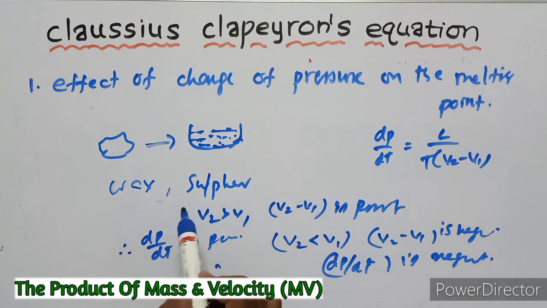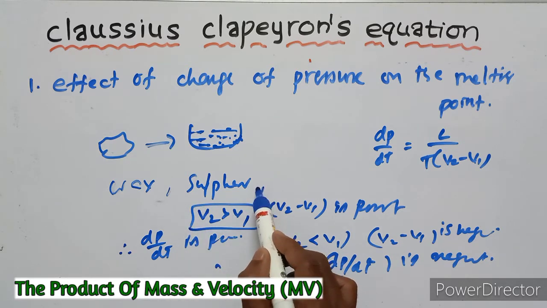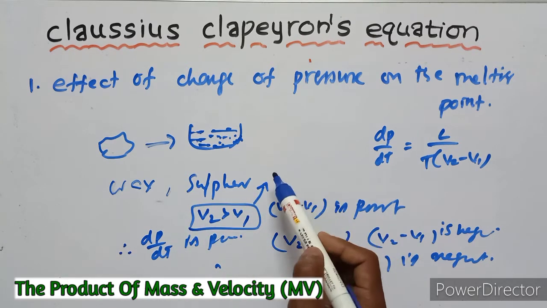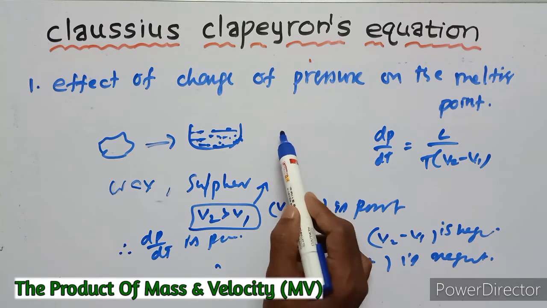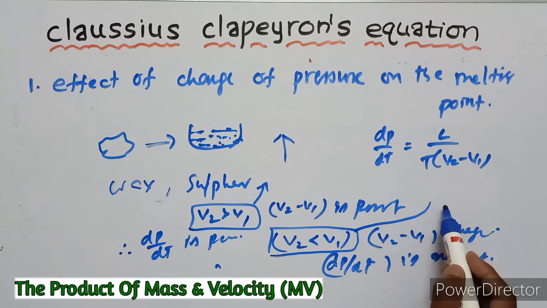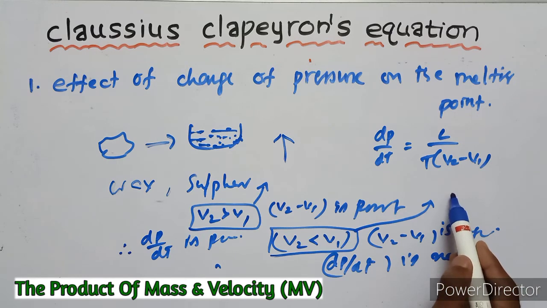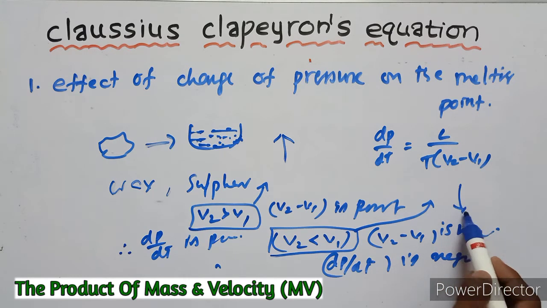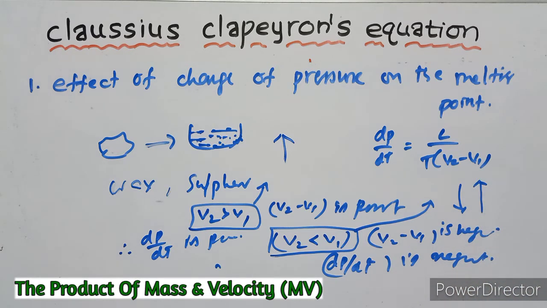Same here in this stage, with increase of pressure, the melting point rises. In this stage, the melting point decreases whenever the pressure is increasing.